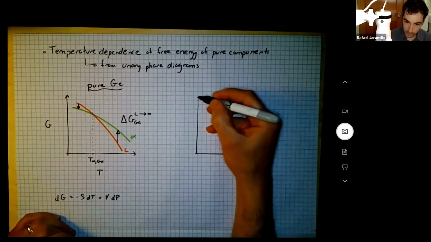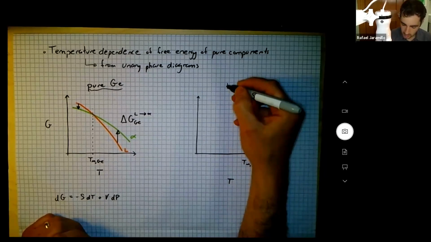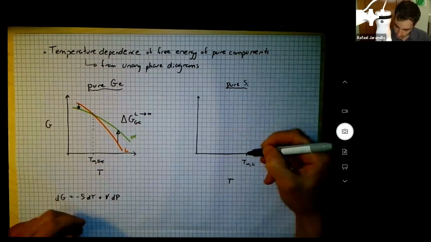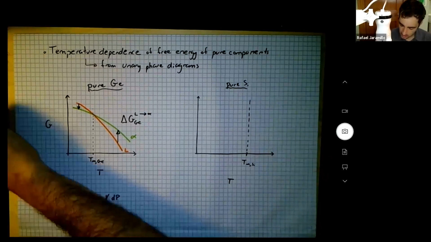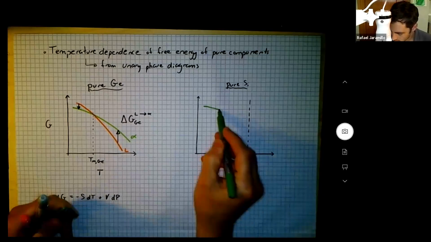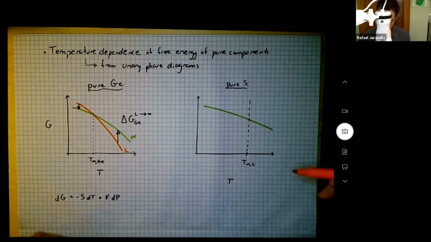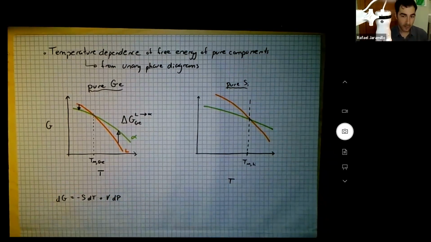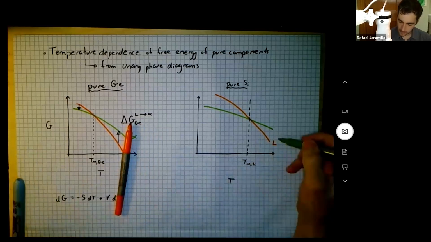That's sort of make-believe because I haven't really labeled the axes, but liquid, alpha.